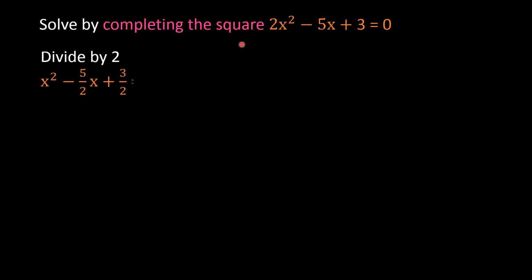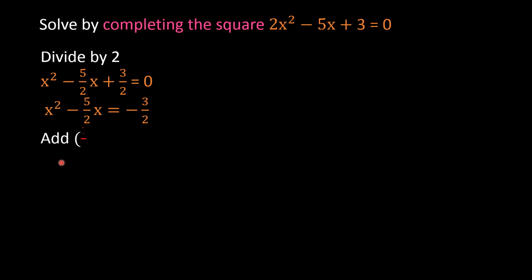So we get x squared minus 5 divided by 2 x plus 3 divided by 2. After that we will take this 3 divided by 2 to the right hand side. So it will be minus 3 divided by 2.